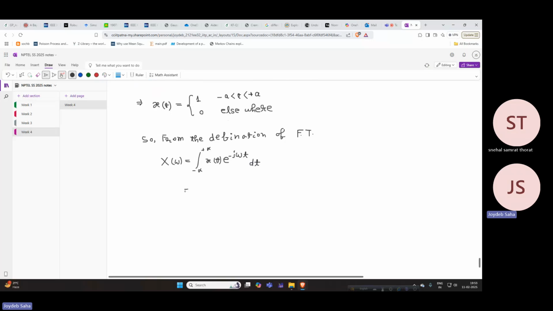So it is equal to the integral from minus a to plus a, since xt is 1, of e to the power minus j omega t dt.